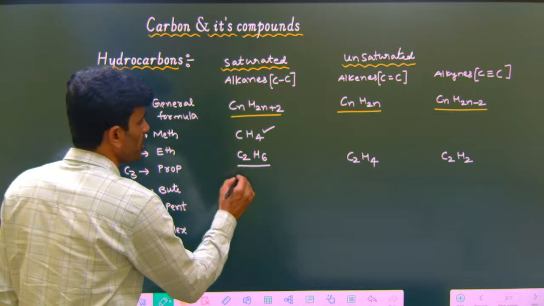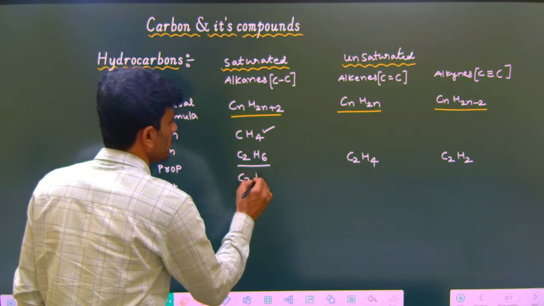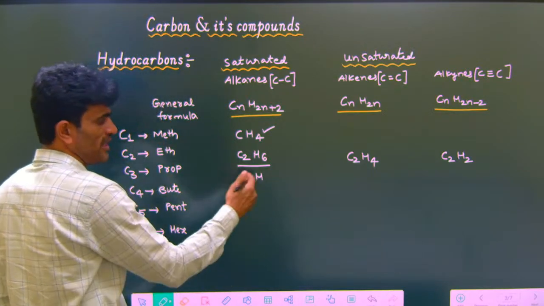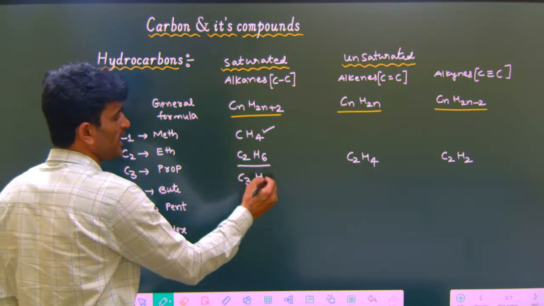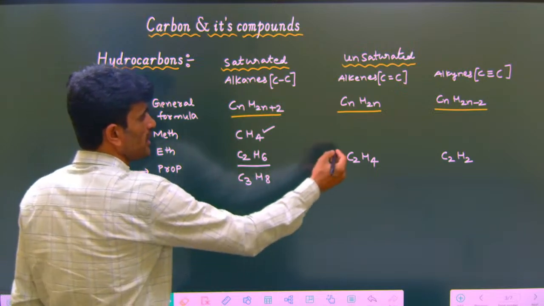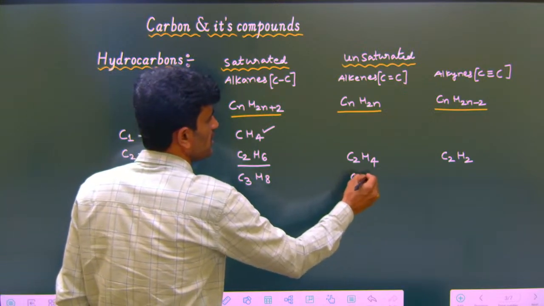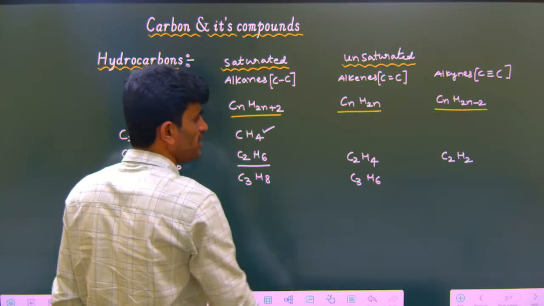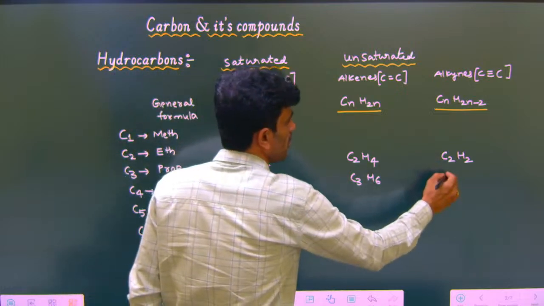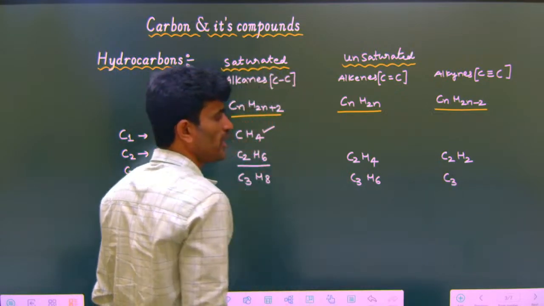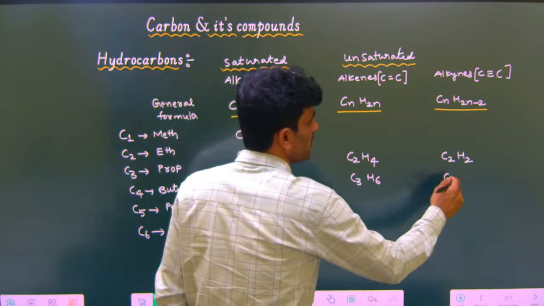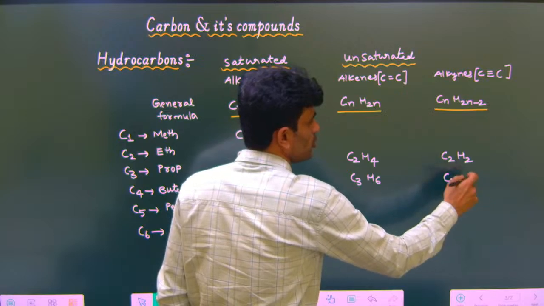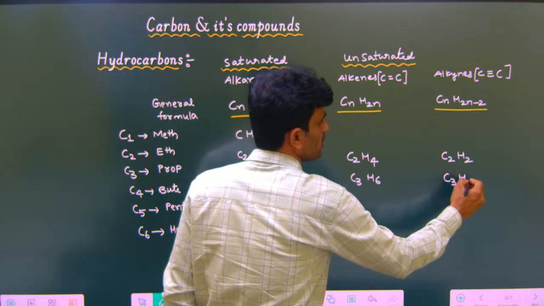Similarly, if you write propane, what happens? C3, double is 6, 6 plus 2, 8, so C3H8. For propene, exactly double, C3H6. For propyne, 2 less than the double, double is 6, 2 subtracted, so 4, C3H4.